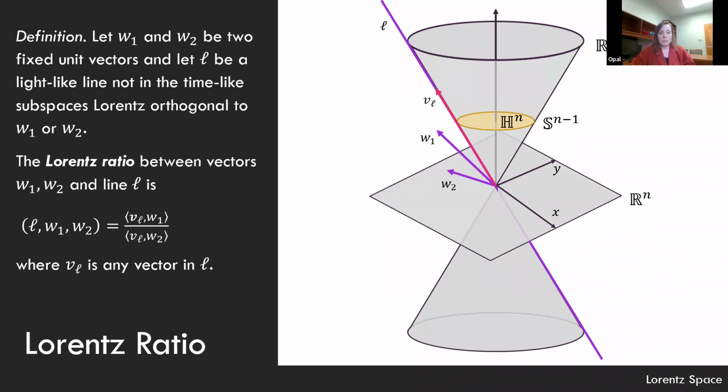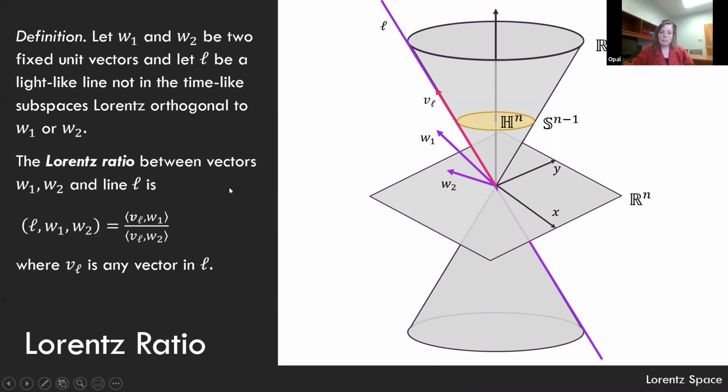And this is where the notion of the Lorentz ratio comes in. You take 2 fixed unit vectors, and they at this point really don't have to be anything. But we'll specify a little bit more after this.